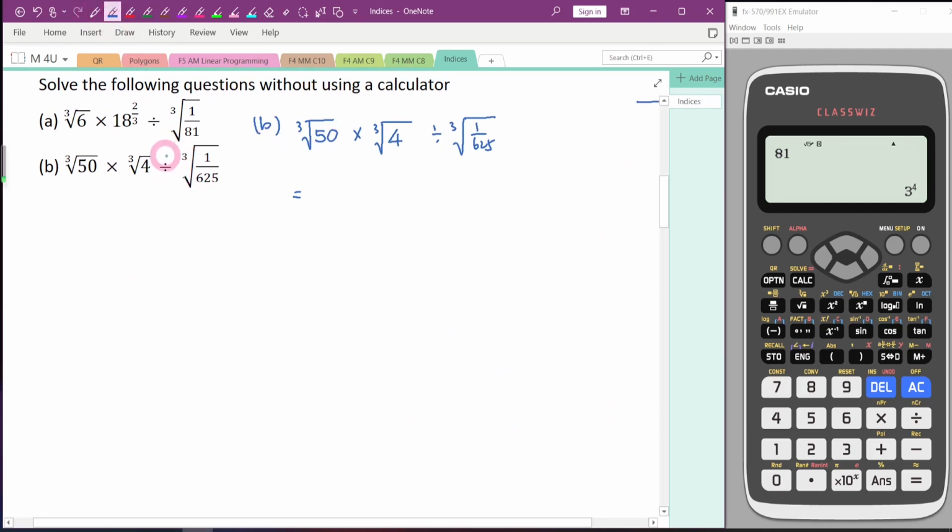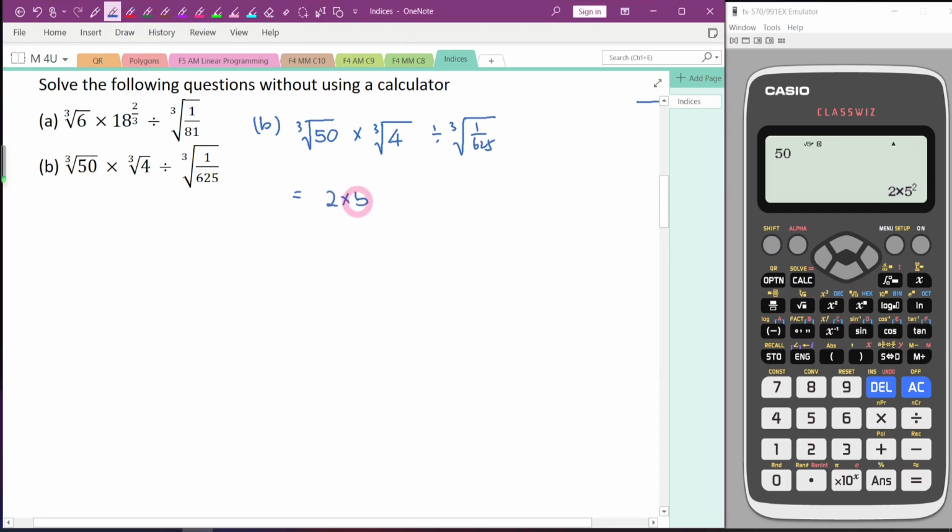Okay, so this one, if you want, you can just key in all this into a calculator and press equal. Check the answer first. Now, I think that one you should have no problem, right? Our goal is to try to change this to the same base, then we can use the rules that I told you just now to help us with the simplification. Let me key in 50. Let's do the prime factorization: 2 times 5 power 2.